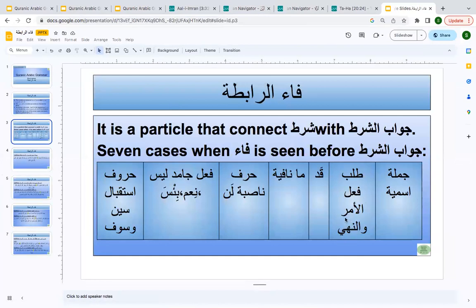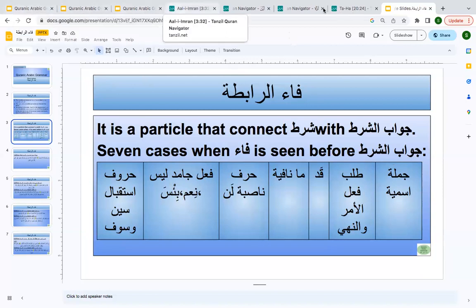Failul amr and failul nahi, you will see fa before it, right? If your jawabu shart is talb in terms of failul amr or failul nahi, you will see fa there, right? But if it is so, you can just say that since my jawabu shart is not jumla failure madin or mudare majzoom, I have to bring fa, and my jawabu shart was jumla ismiya. That is why I'm seeing fa ur rabita there. Isn't inna Allah la yuhibbul kafirin jumla ismiya?